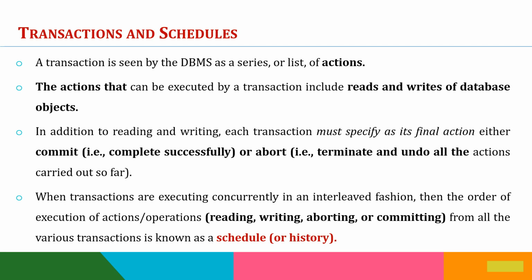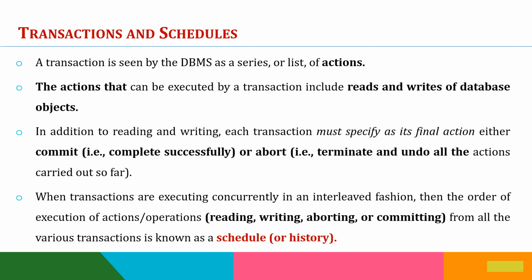In addition to reading and writing, each transaction must specify as its final action either commit or abort. Commit means the transaction is completed successfully. Abort means terminate and undo all the actions carried out so far.